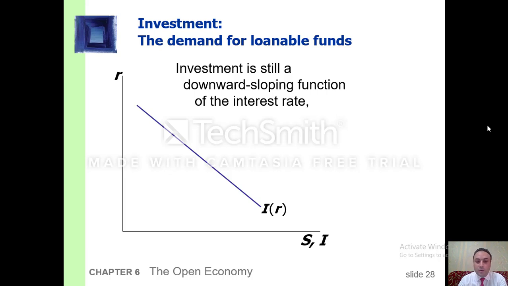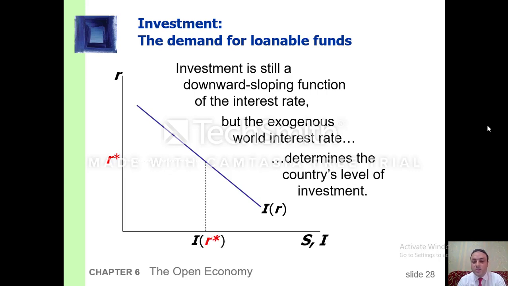When you take a loan, you pay interest. When this interest rate increases, you will demand less funds, so the investment will decrease. So we can see the negative relationship between the interest rate and the investment. But the new exogenous variable, the world interest rate, R star in red here, determines the country's level of investment, as we will see.